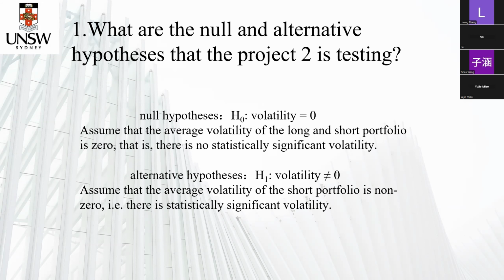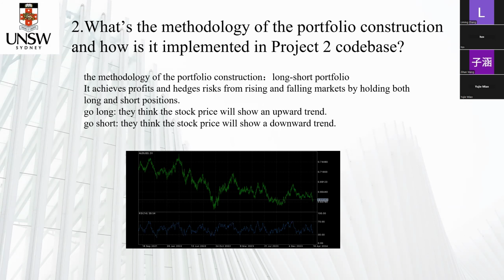And the next question is, what is the methodology of the portfolio construction and how is it implemented in the Project 2 code base? The methodology of portfolio construction is a long-short portfolio. It achieves profits and hedges risks from rising and falling markets by holding both long and short positions.